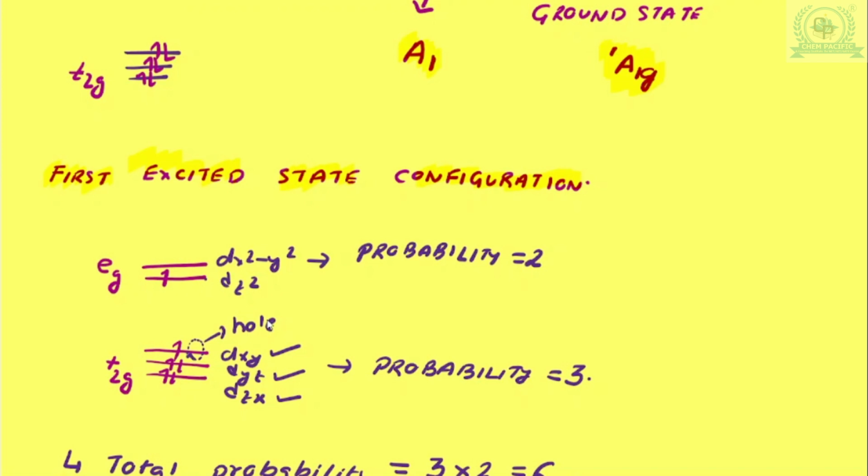Now here you can say that these 3 degenerate orbitals, the electron can come from any of them, dxy, dyz, or dzx. So the hole that I showed you can be created anywhere, as a result of which its probability is 3, because it can result in the formation of a hole in any of the 3 orbitals. After it gets excited, a probability question also comes here, that the electron goes into either of the 2 orbitals, resulting in a probability of 2.